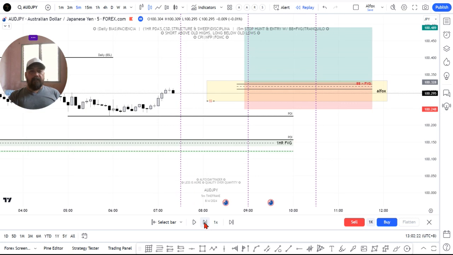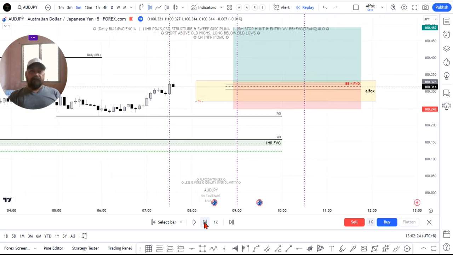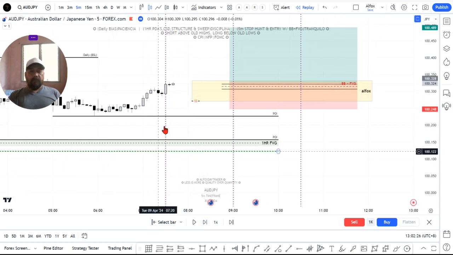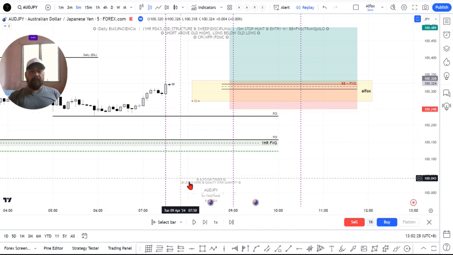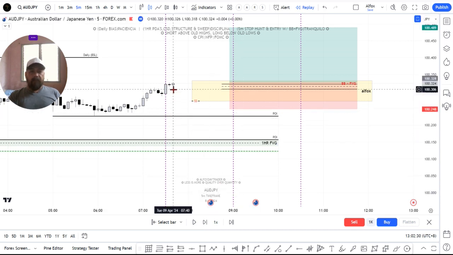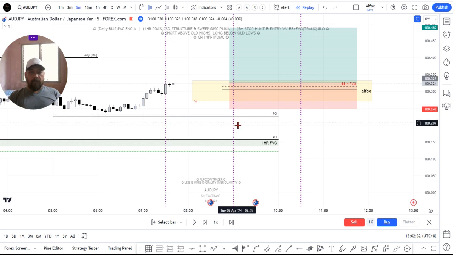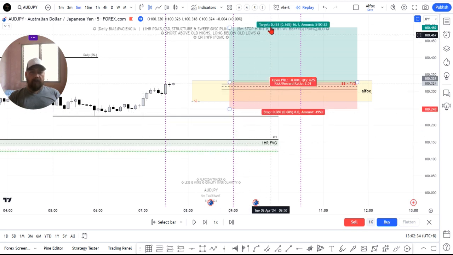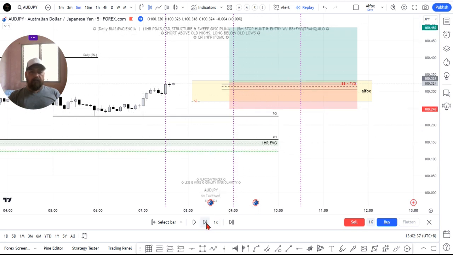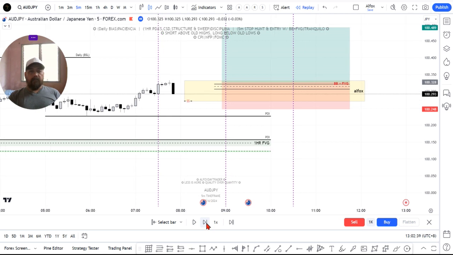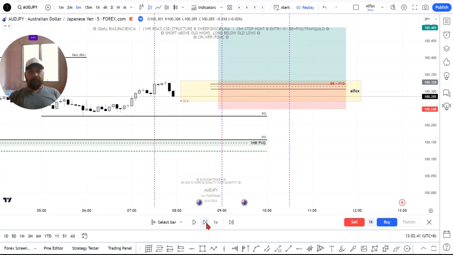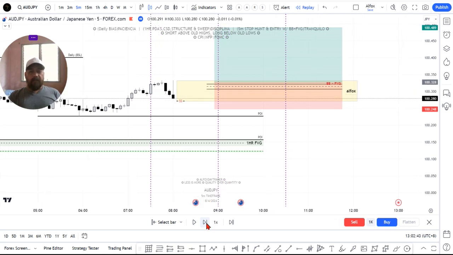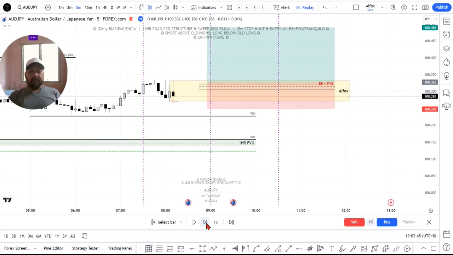As you can see, price is dancing around. And now we are in our trading zone. So now what I'm waiting for is for price to come down here or here before going up. So let's continue. As you can see, price is now going down.